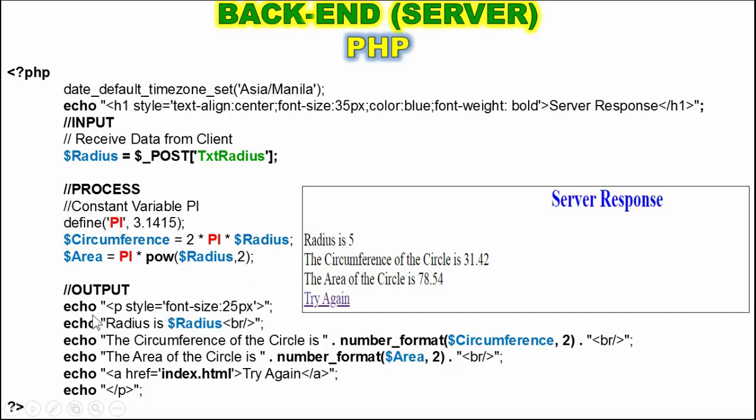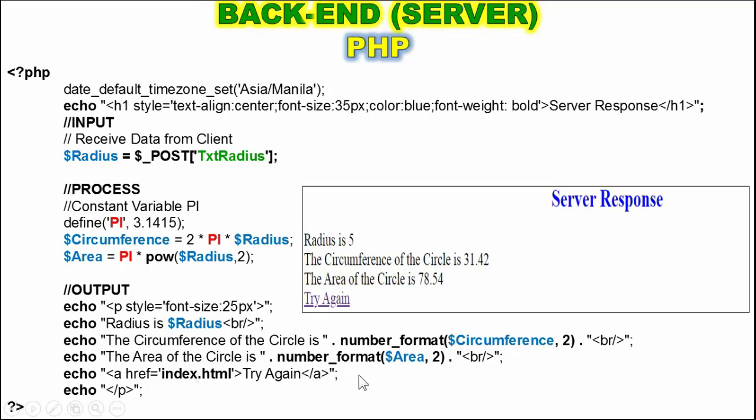The following echo command will print out the results. This echo command will print the message, for example, the entered radius is 5.